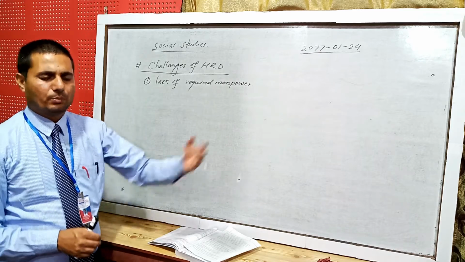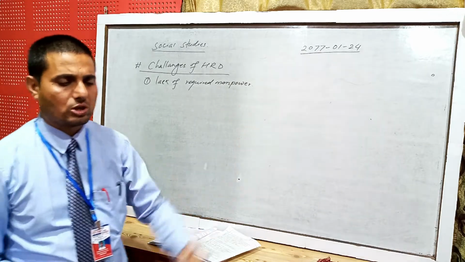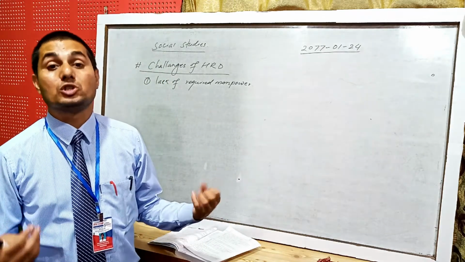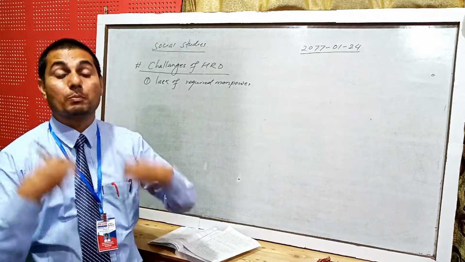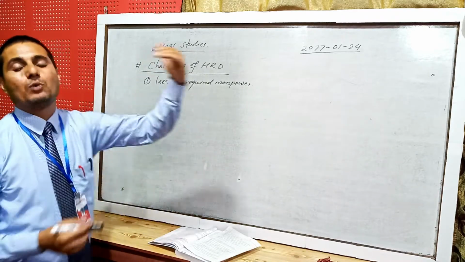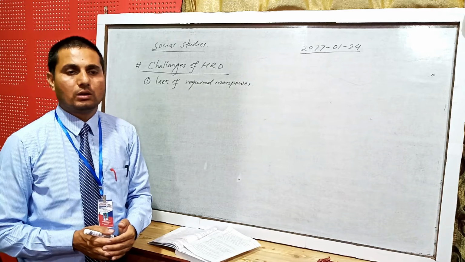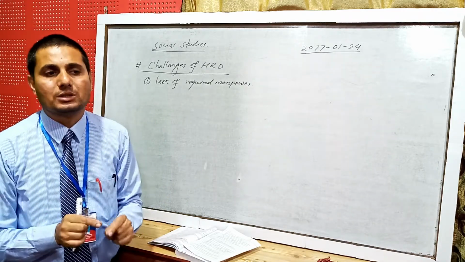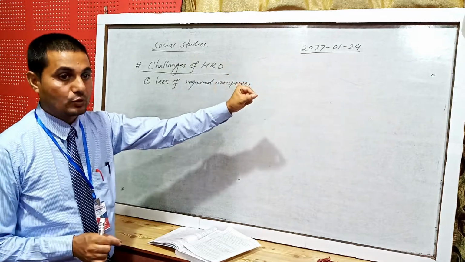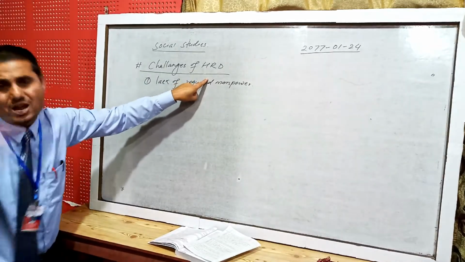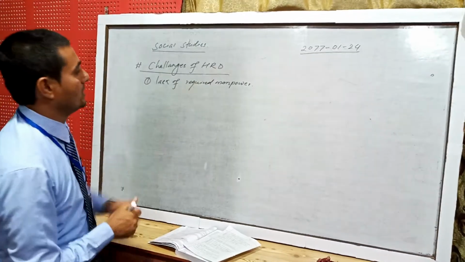But manpower such as doctors, engineers, and pilots are not produced well, not produced as much as required. So there is a lack of required manpower. Required manpower is not produced in the required field. Due to this, human resource development is totally affected, totally disturbed.